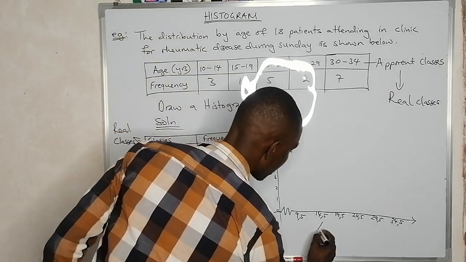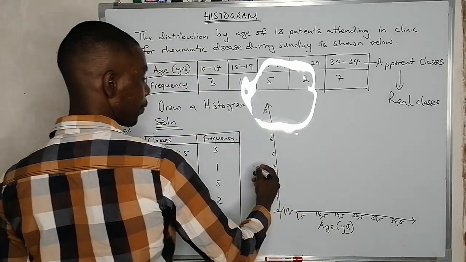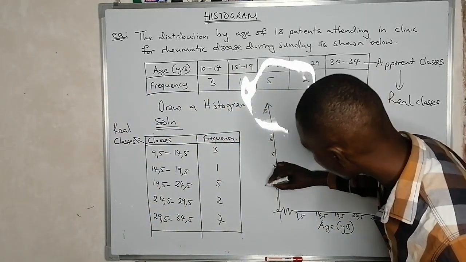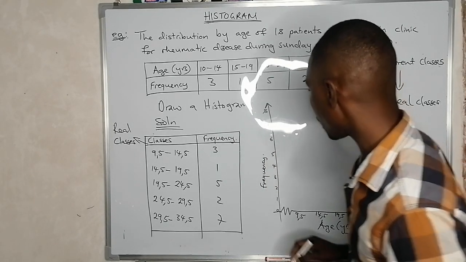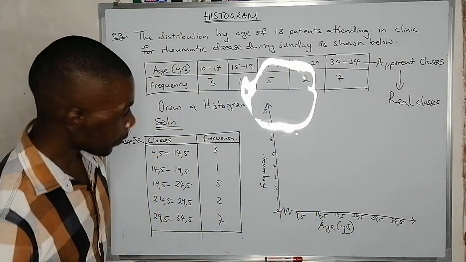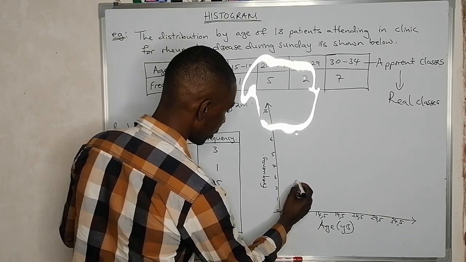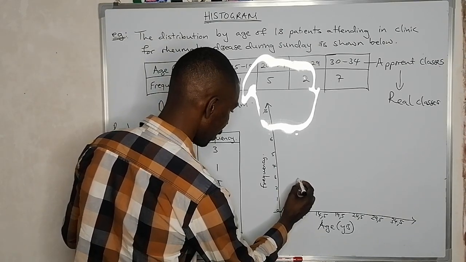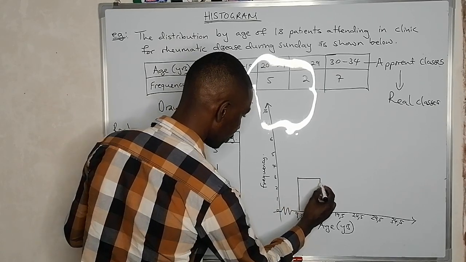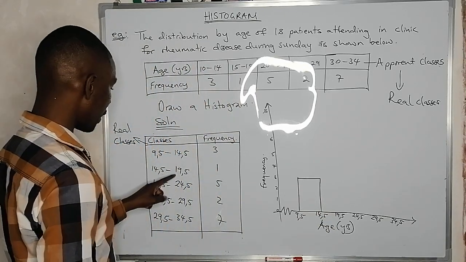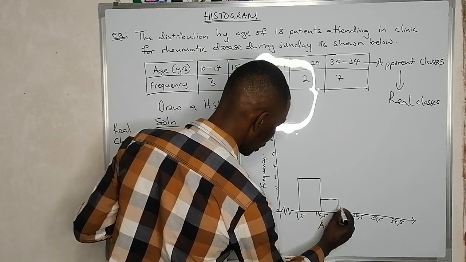Here we have age in years, then we have our frequency here. From 9.5 to 14.5, we have 3. From 14.5 to 19.5, we have 1 unit, and this is continuous.